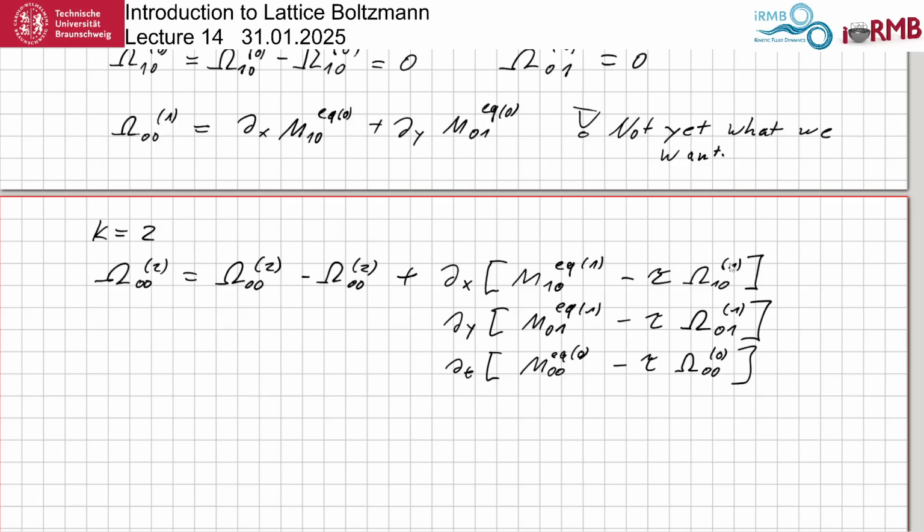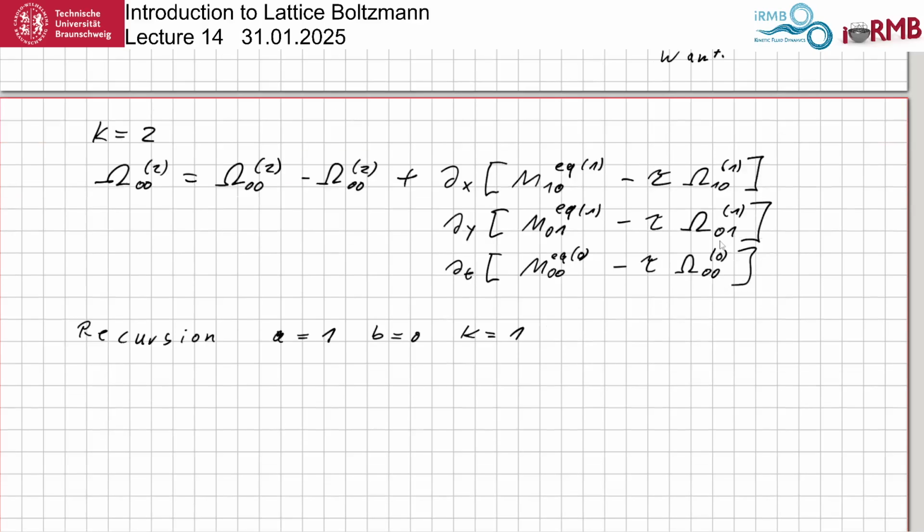So we have to apply the recursion here with a equal to 1, b equal to 0, and k equal to 1, which gives us omega 1, 0 to first order is equal to omega 1, 0 to first order plus dx, so which moment comes? 2, 0, equilibrium to which order?